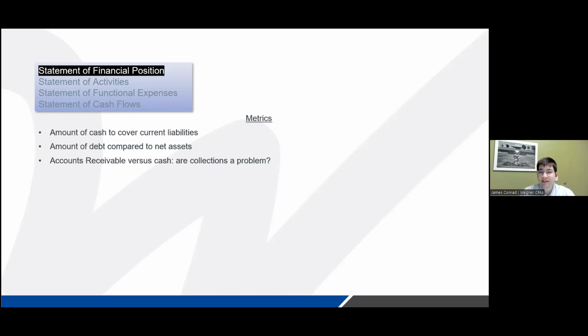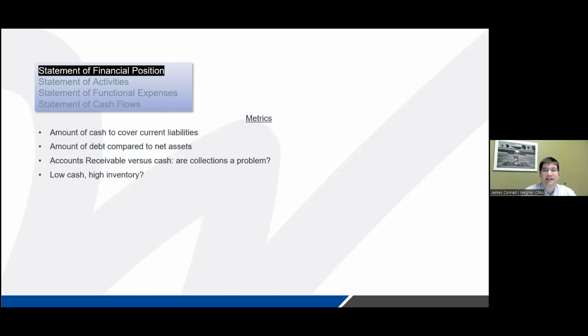Accounts receivable versus cash. That is a metric of collections. Are you able to turn over your accounts receivable and convert that into cash by getting money in the door from your customers? Low cash and high inventory. Are you not able to sell? Now, there are nonprofits that do have sales.